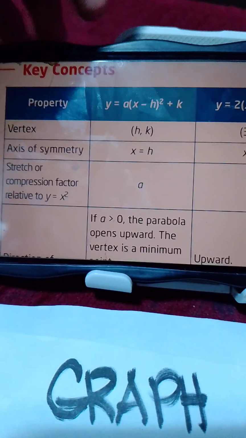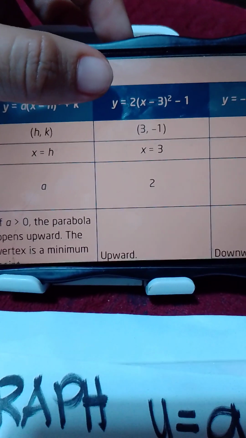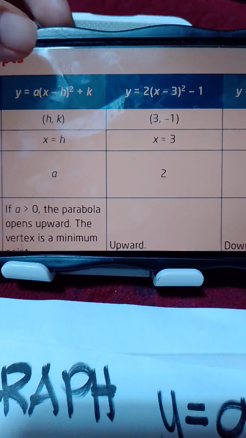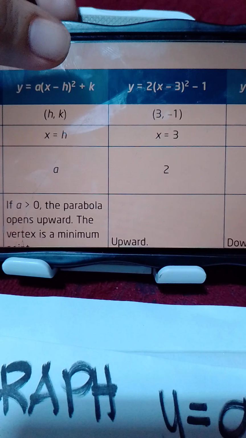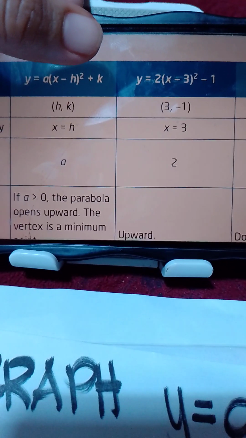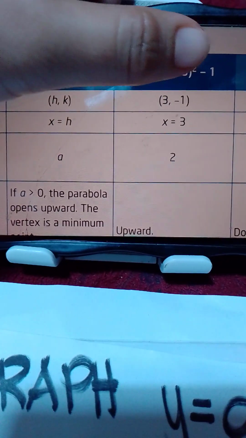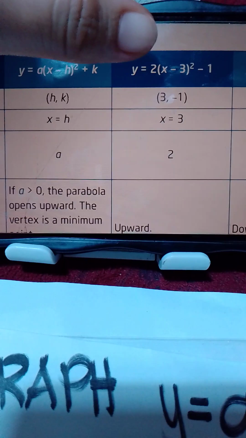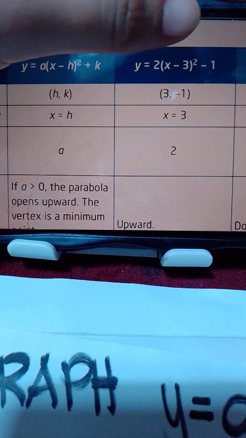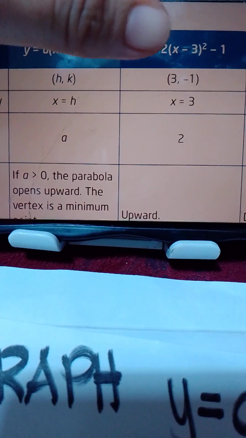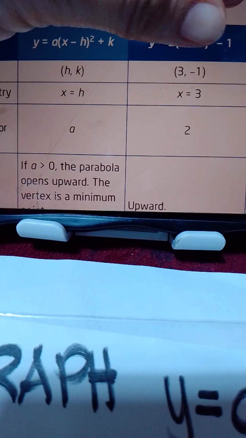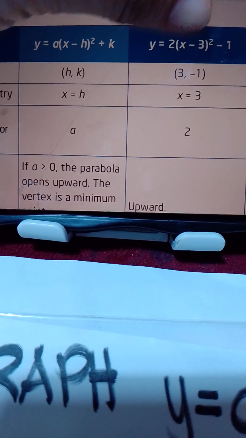So if we have, for example, y equals 2 times (x minus 3) squared minus 1, we have here the value of h. We are just going to copy the 3.